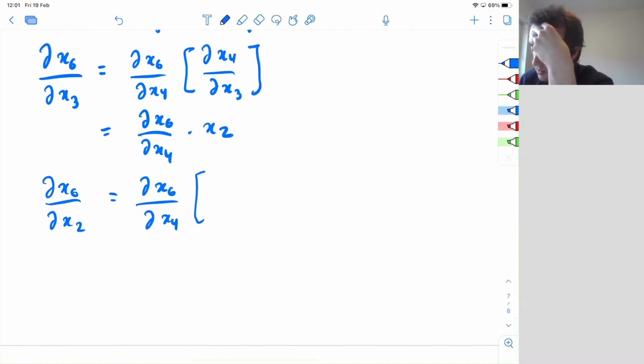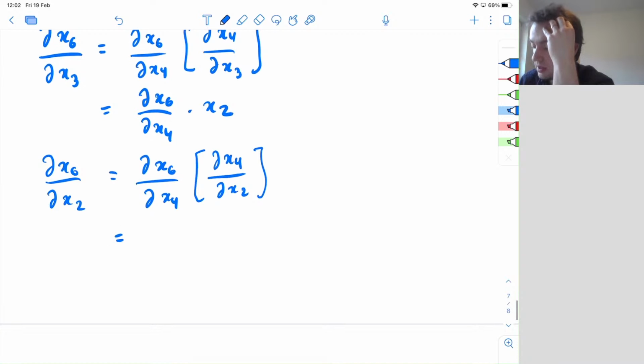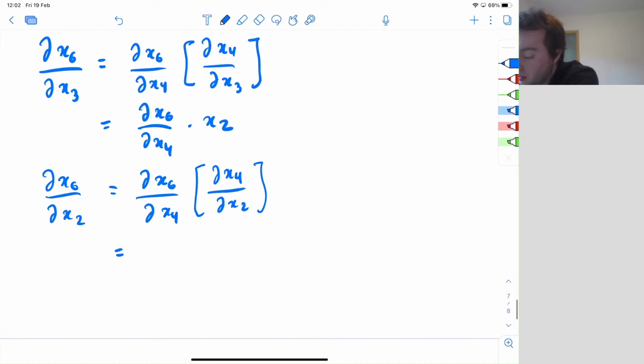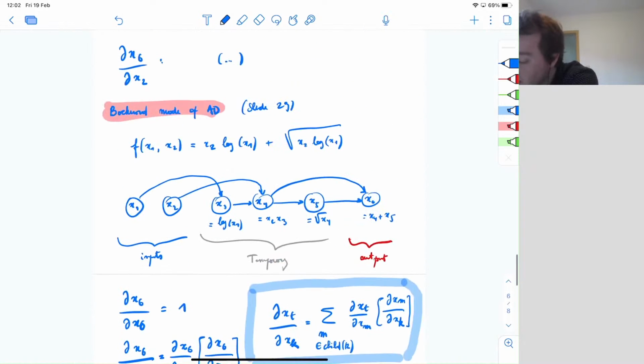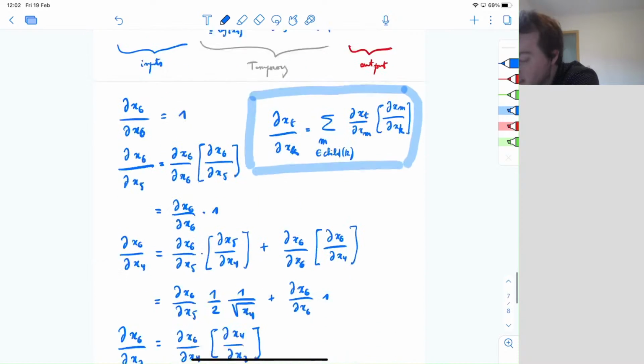So x6 with respect to x4 times x4 with respect to x2. That first factor we know. And this one, x4 with respect to x2, that's x3.